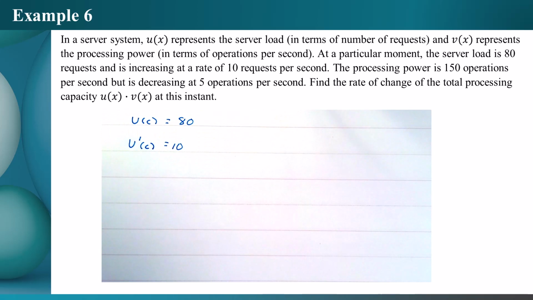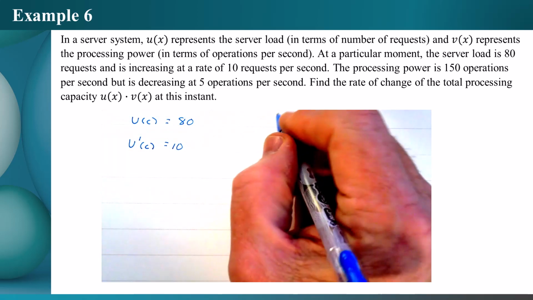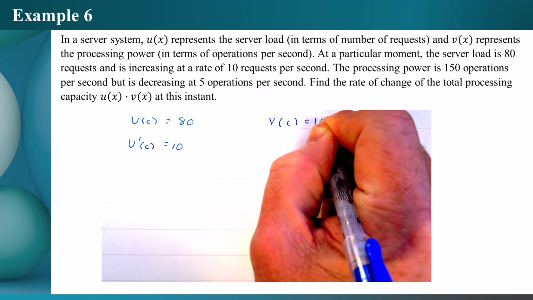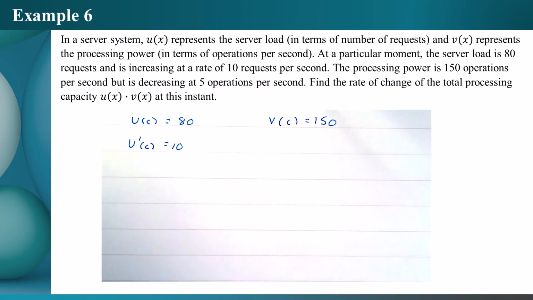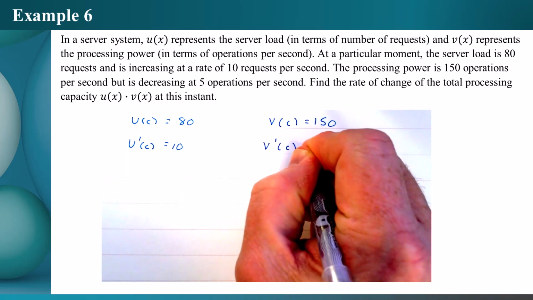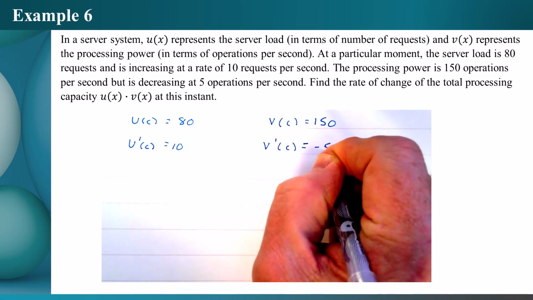Now also in this problem, V of x represents the processing power. And we're told that the processing power at this moment is 150 operations per second. So that sounds like we're told that V of c is 150, and it's decreasing at 5 operations per second. So that means that V prime of c is equal to -5.